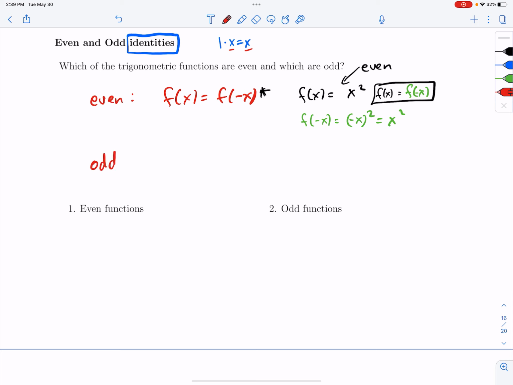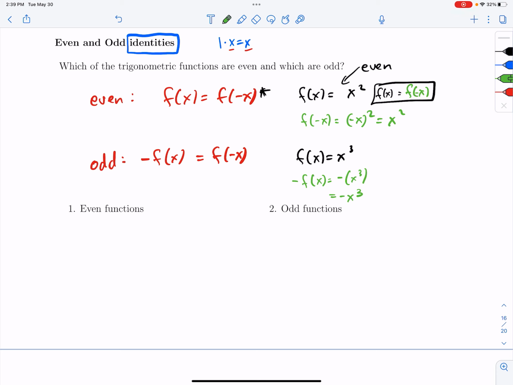A function is odd if negative f of x is equal to f of negative x. So suppose my function is f of x is equal to x cubed. So to verify that this is odd, we're going to say, well, what is negative f of x? That's negative of this whole function, and that just equals negative x cubed.